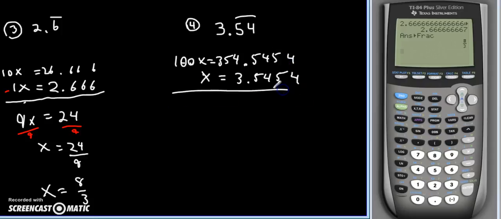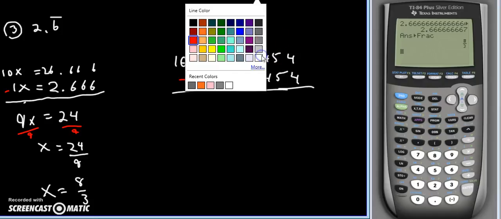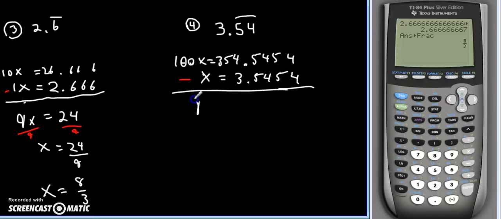Now when I subtract, we will get 99x is equal to, those all cancel out, this is 351. So x is equal to 351.